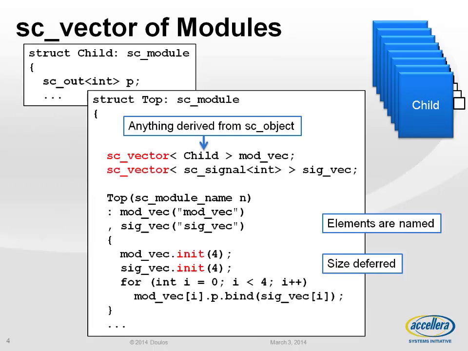We can also create vectors of modules. In fact, you can create a vector of anything that's derived from sc_object, so including just a raw sc_object. So in this case, we've made a vector of child modules and a vector of signals. So child is a SystemC module. We've got an sc_vector of child modules, so effectively an array or vector of modules.